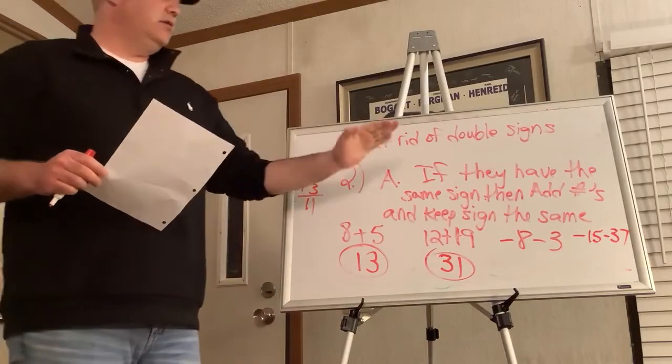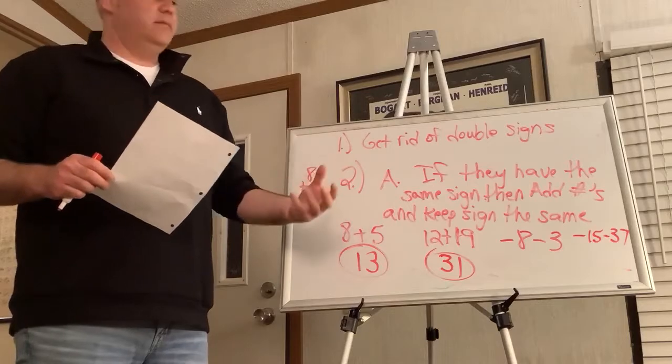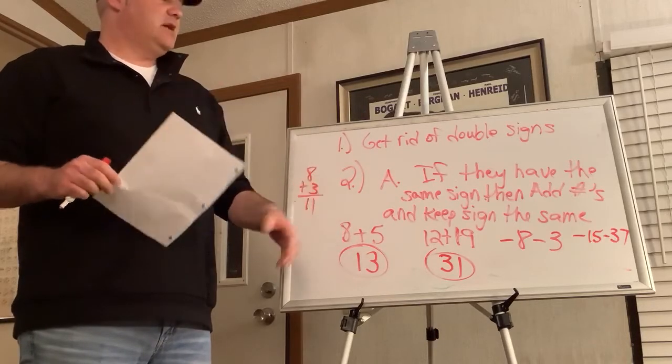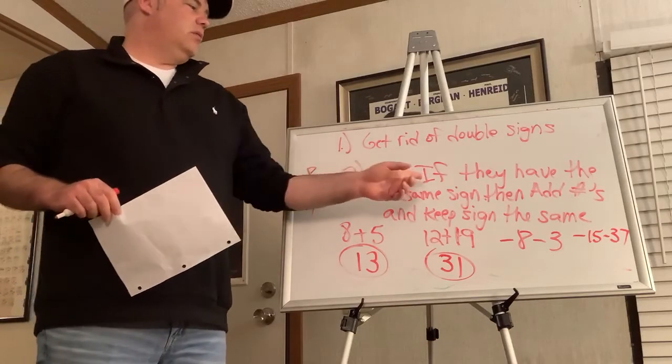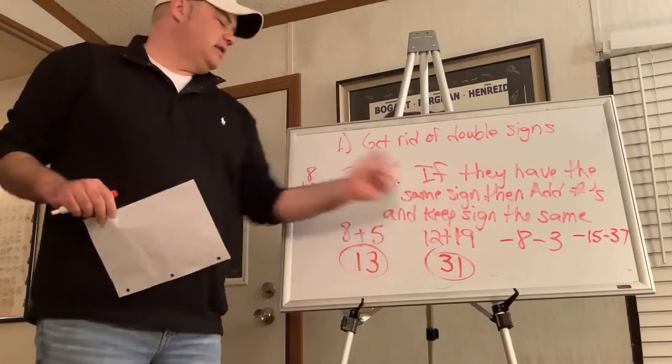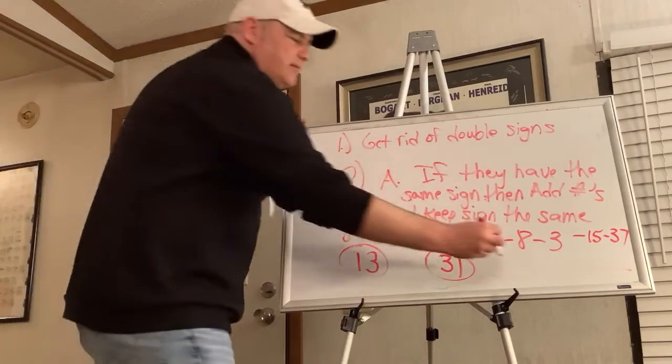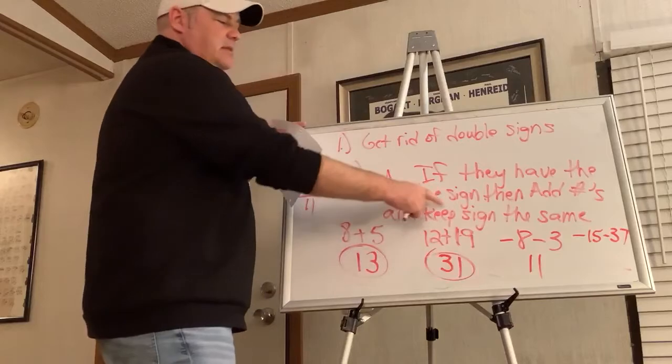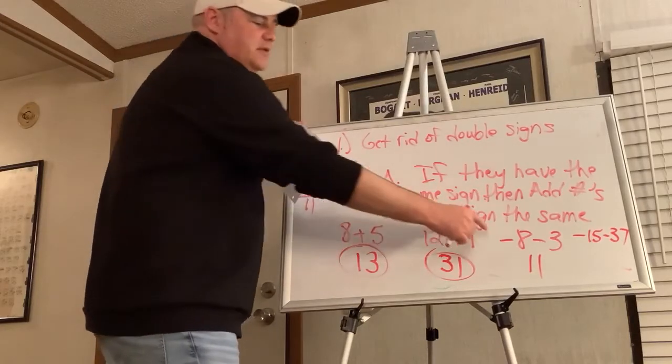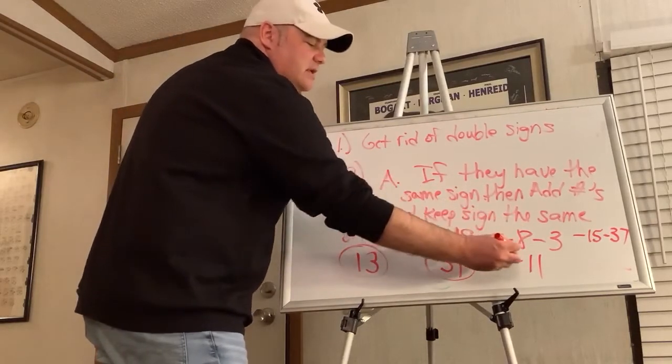When you follow the rules, it will do them the correct way every time. So going back to this one, I added the numbers 8 and 3 and I got 11, and I keep the sign the same. Both signs are negative, so it is a negative 11.